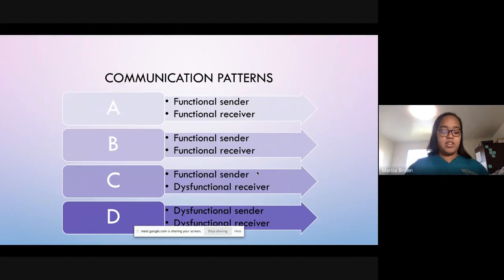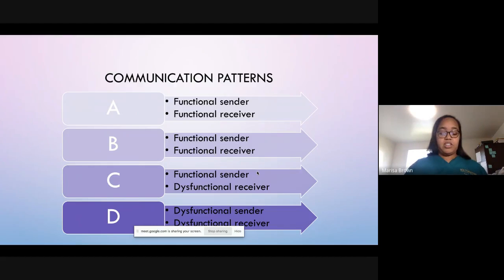Communication patterns. Both A and B are functional senders and functional receivers. The parents are able to effectively communicate their points and positions on ideas, and listen while giving feedback and giving adequate messages throughout the family. C is a dysfunctional sender and functional receiver. He has a difficult time trying to express his feelings when he is upset and tends to not want to talk once in that state.